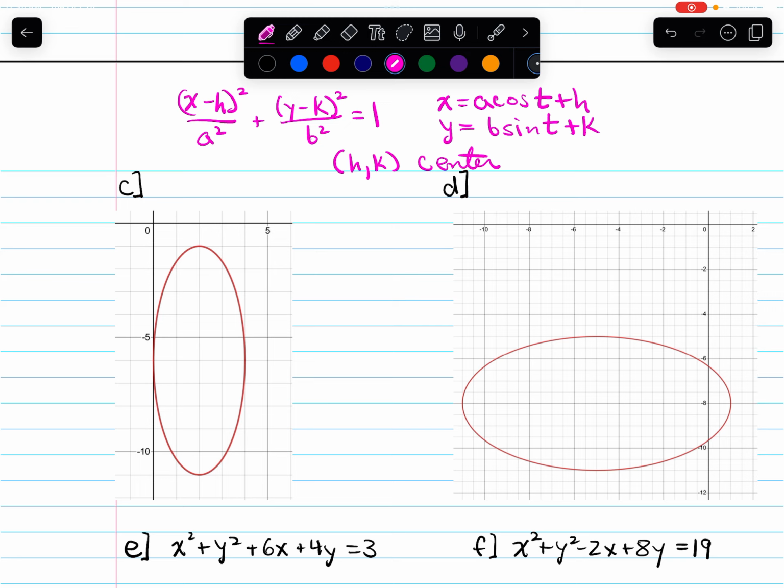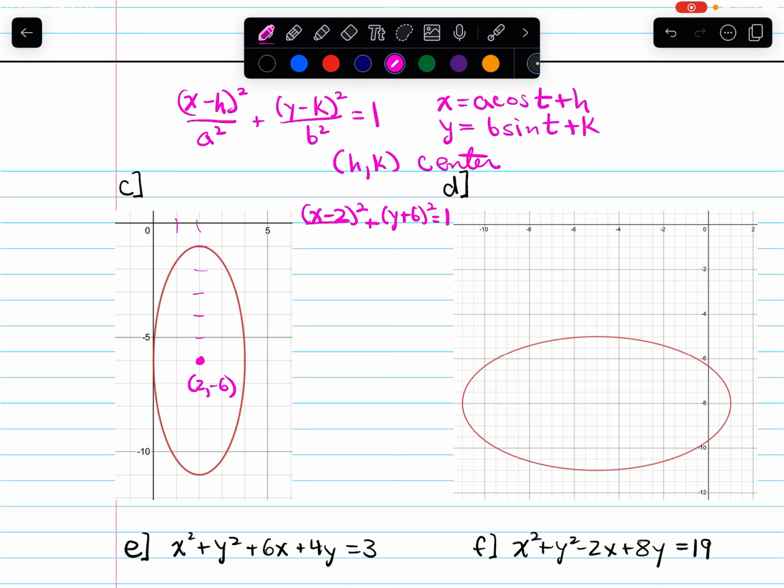Okay, so let's see what this looks like. We have an ellipse here, this part C, and it looks like right here is the center. So I've got to figure out what that is. I go 1, 2, and then 1, 2, 3, 4, 5, 6. So it looks like that center is 2, negative 6. So here we go. We've got x minus 2 squared plus y plus 6 squared equals 1.